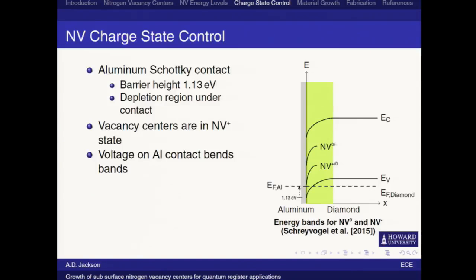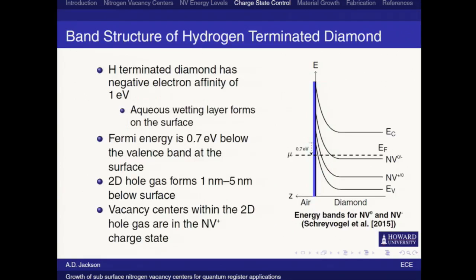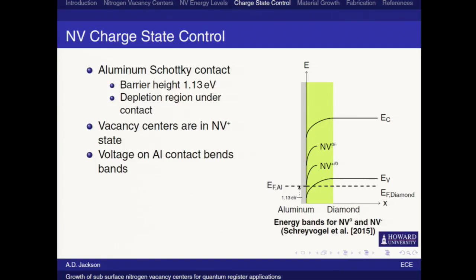So again, if the NV centers are in this region here, they're in the positive charge state. Now, if you apply a voltage to this aluminum contact, you start to raise this Fermi energy up.